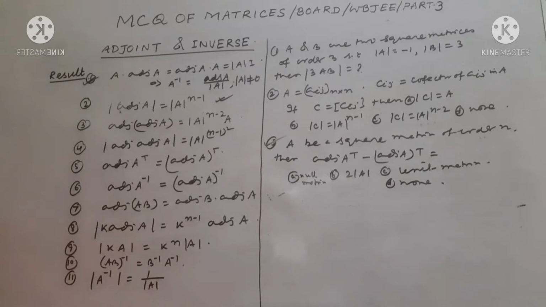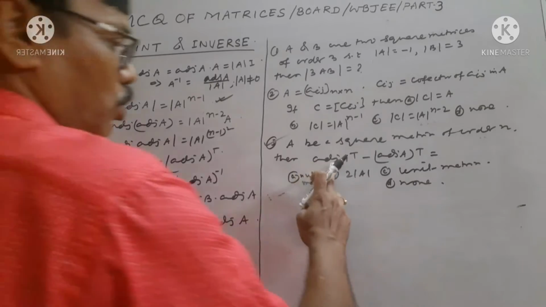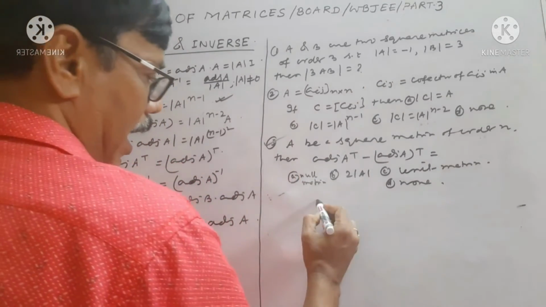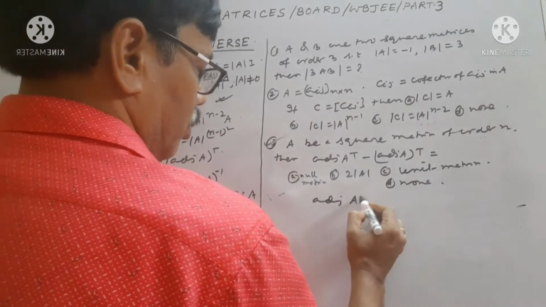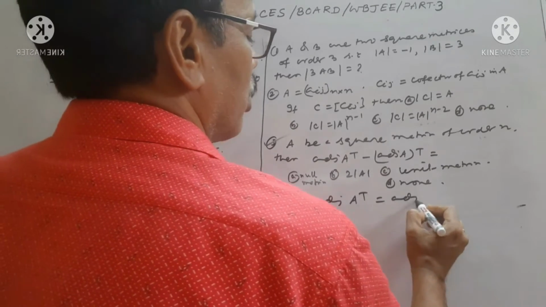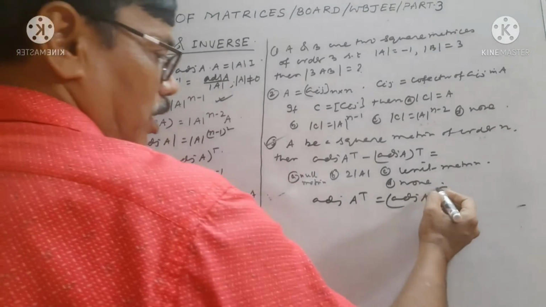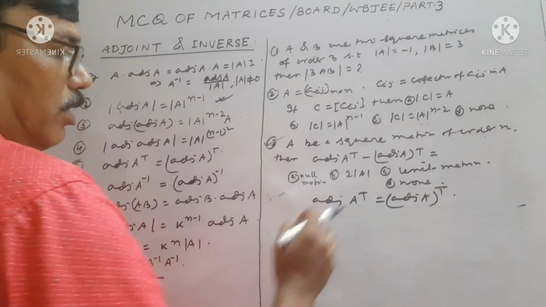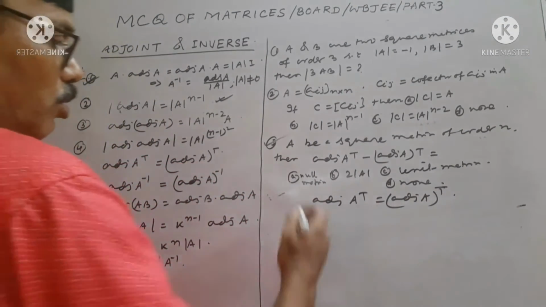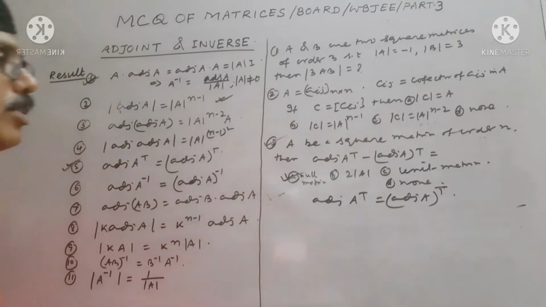Now this is a well known result. Adjoint of A transpose equals adjoint of A, whole transpose. So if we transfer it to the left hand side, then it is 0. So this one is a null matrix.